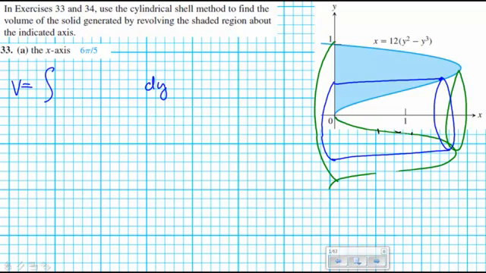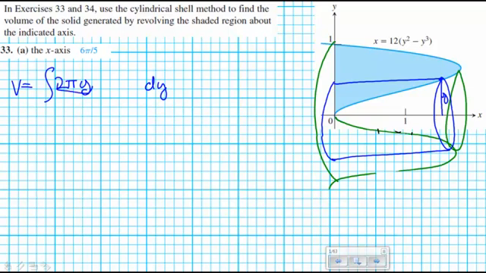The outside of that cylinder is a rectangle which has a width of 2 pi times its radius, and this radius is actually the height y.